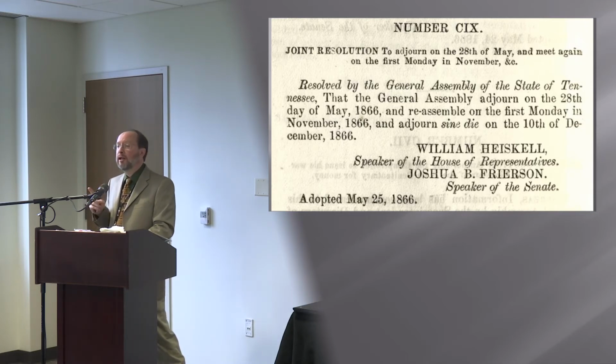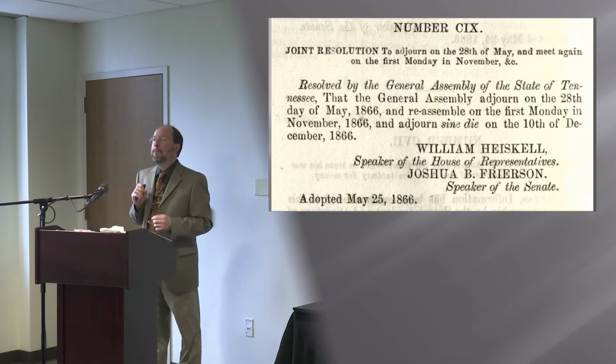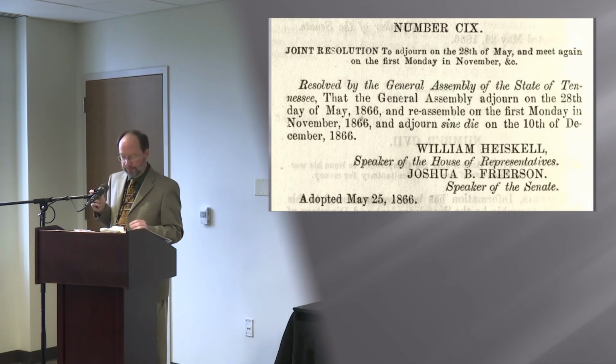They had already been in session for 8 months, plus April to June 1865, and they needed a break, not to mention their staff. But Governor William Brownlow had other ideas.